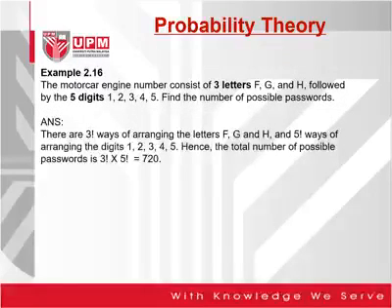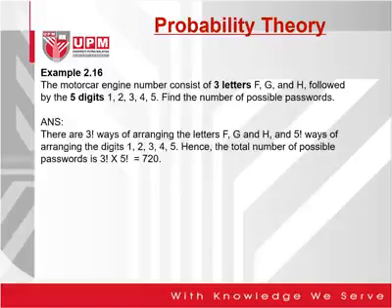Now, example 2.16. The motor car engine number consists of three letters F, G, H, followed by the 5 digits 1, 2, 3, 4, 5. Find the number of possible passwords. We assume that letters are letters and digits are digits. They arrange by themselves within a group, but they never mix. So what is the number of ways to arrange three letters?